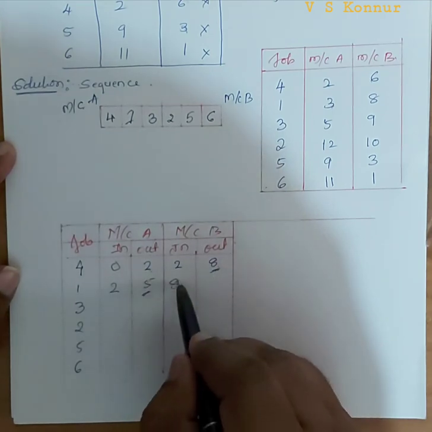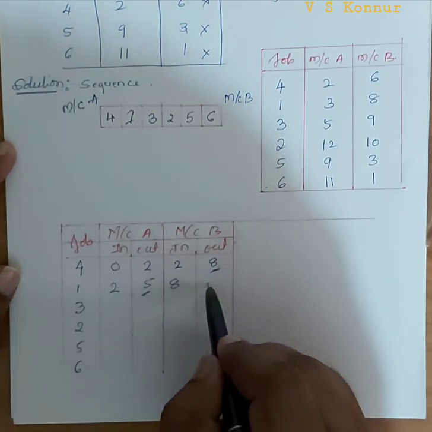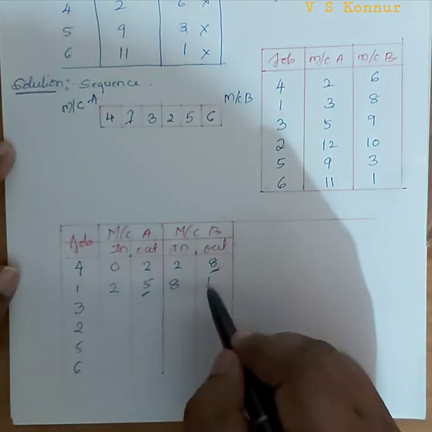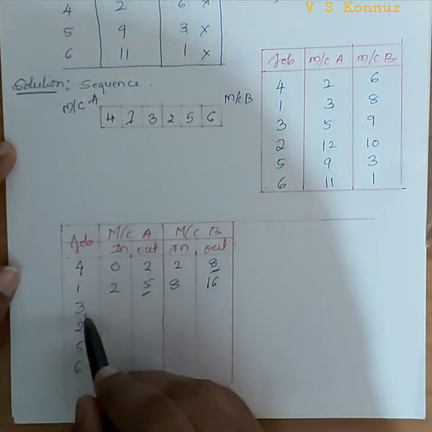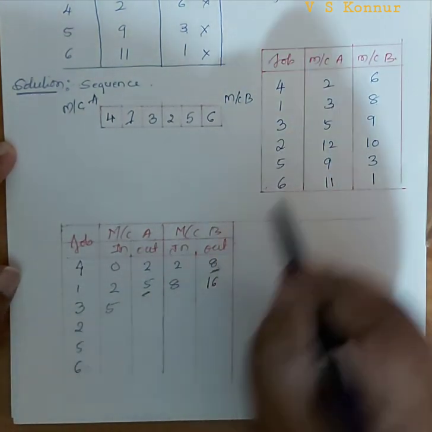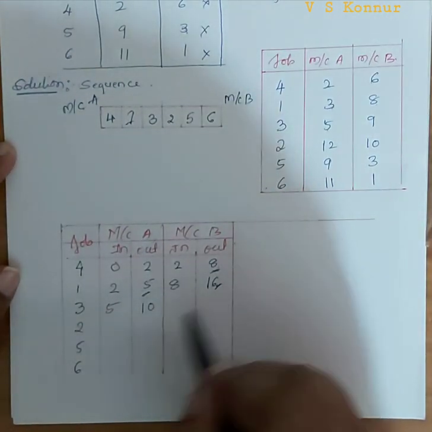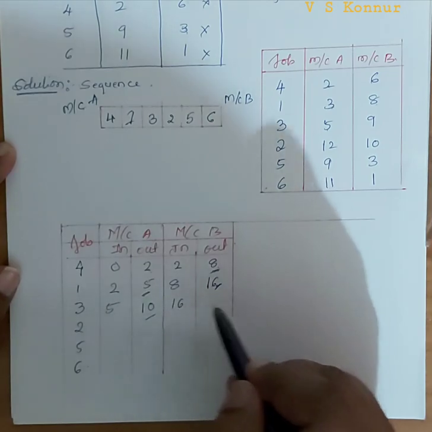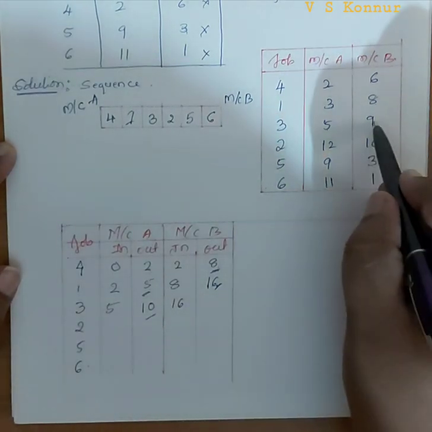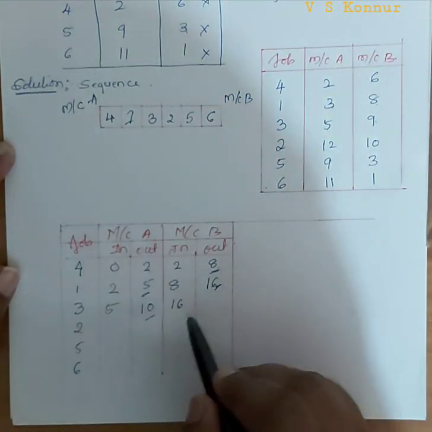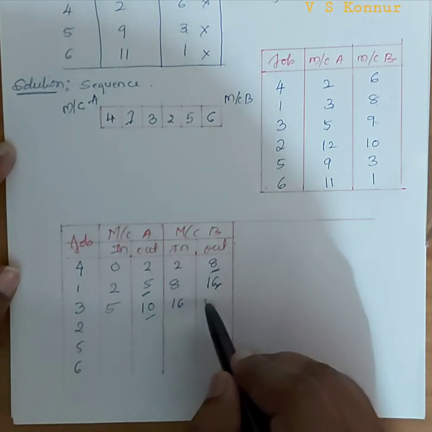After 8, it will enter machine B. Time required is 8, so 16. Third will enter after 5. It requires 5 hours to complete, 10. Comparing 16 and 10, 16 is highest and it requires 9 hours to complete. So 16 plus 9, 25.